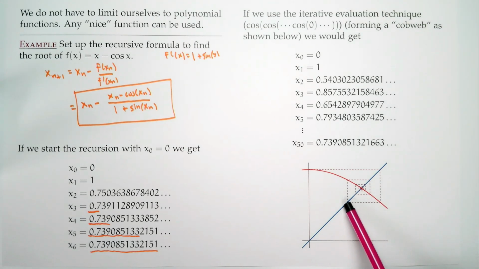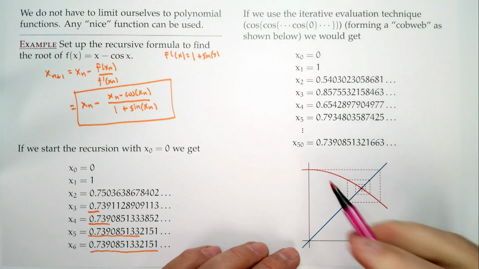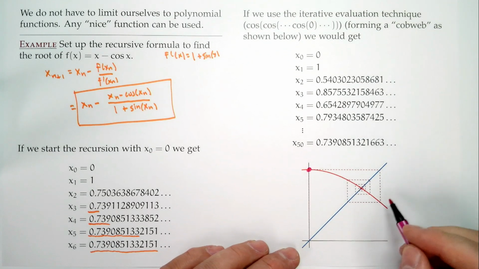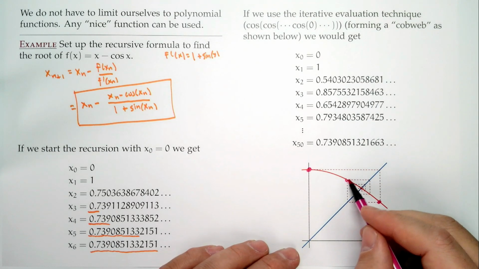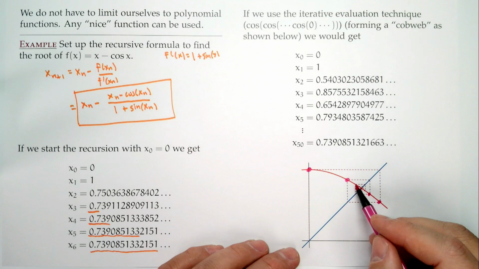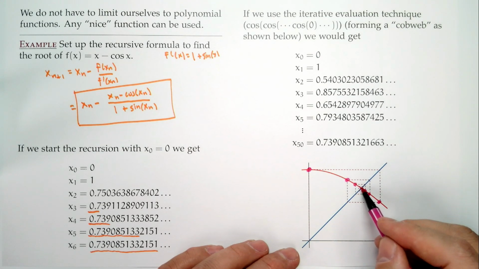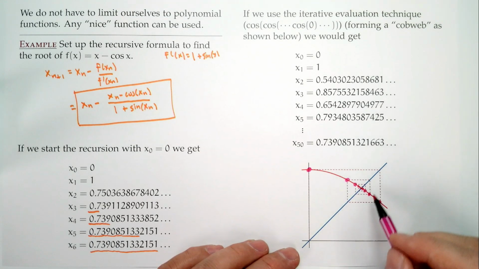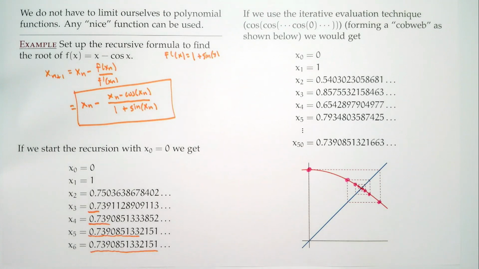Follow it across till you hit the line y equals x. Now hit the cosine again. These places are where you get after each iteration of hitting cosine. We're getting closer and closer to our answer, but spiraling in very, very slowly. So we'll get the same answer, but with a lot more work.